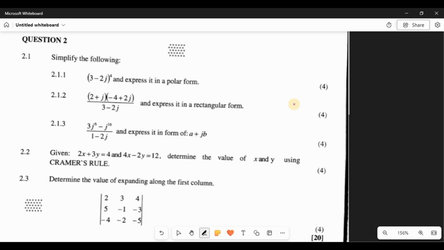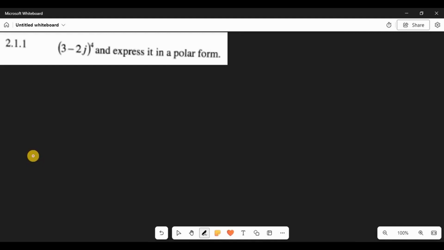So we're going to start with 2.1, where they want us to simplify the following. We're going to copy 2.1.1, which is this one here, and paste it somewhere else and try to simplify this problem. Alright, as you can see guys, this is 2.1.1.